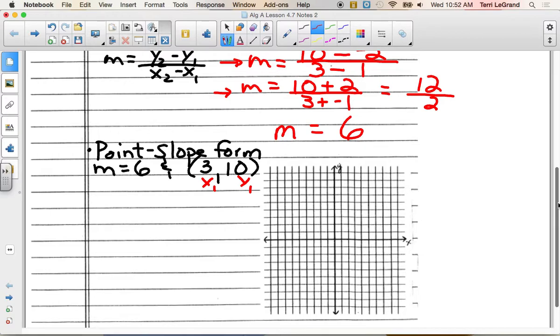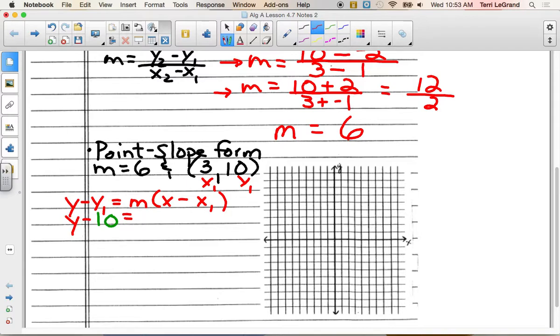So here's what we've been doing the last couple of days. Writing down our model for point slope form. And substituting into it. So we're going to substitute in for our y sub 1. What are we going to put in for y sub 1? 10.